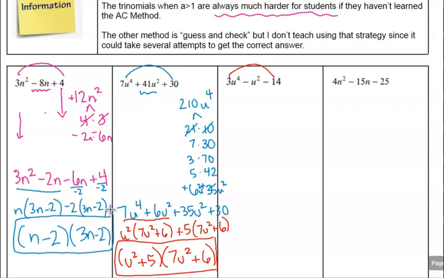All right, let's try a third example. We've got 3 times negative 14, so negative 42 u to the 4th. Because I need to multiply to get a negative, I know my signs have to be opposite.